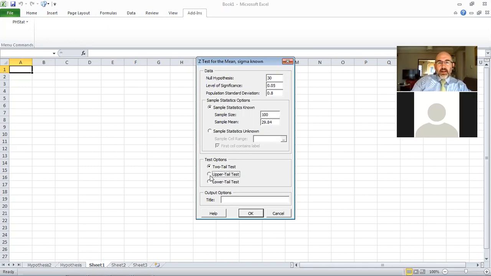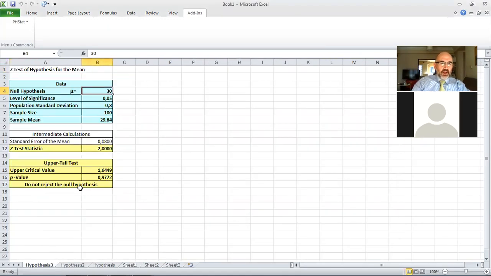This time I'll do an upper tail test, and I'm sure that I will get a do not reject conclusion. The p-value is much, much higher, because in the upper tail, the extreme is defined by being greater than what you already found. So you have to consider the area to the right of -2. This area is huge, and it cannot be less than the specified level of significance.